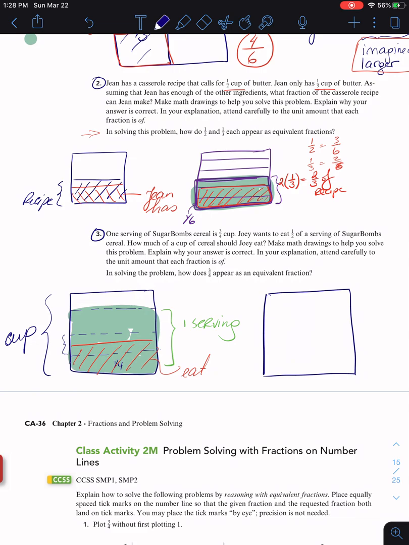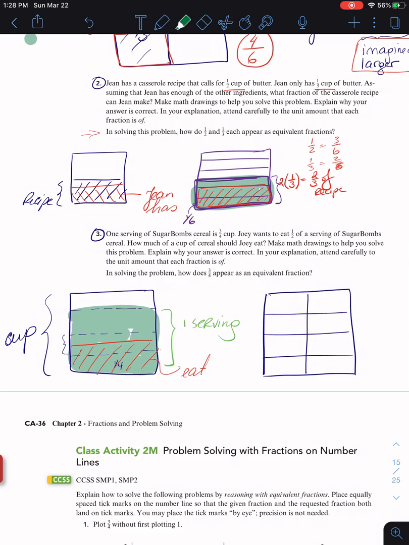Well, we need 4 quarters to fill a whole. And if we cut the pieces into half the size, we will need 8 of them. So let's see if we can cut the cup into 8ths and redo this same problem and outline what is going on now having 8ths.